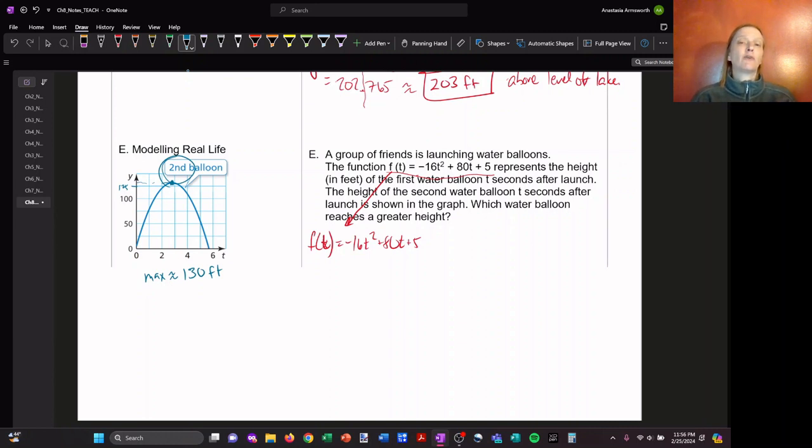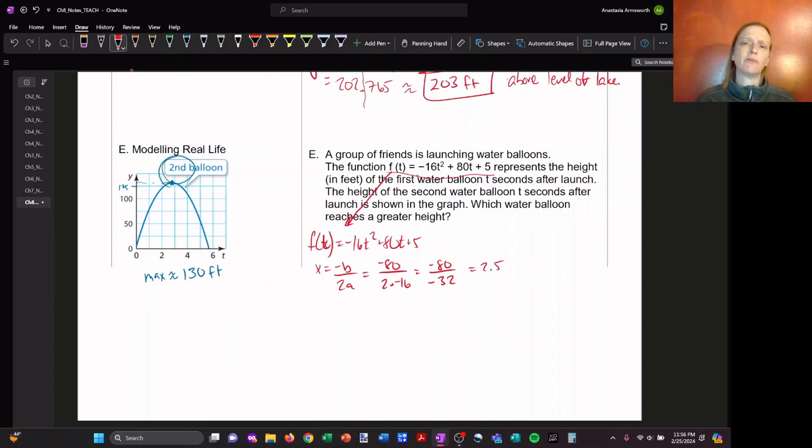To find the max value for balloon 1, I need to use the formulas that we've been using for all of the other equations so far. I need to know that the x value is negative b divided by 2a, so negative 80 divided by 2 times negative 16, which means I'm doing negative 80 divided by negative 32, which works out to be positive 2.5.